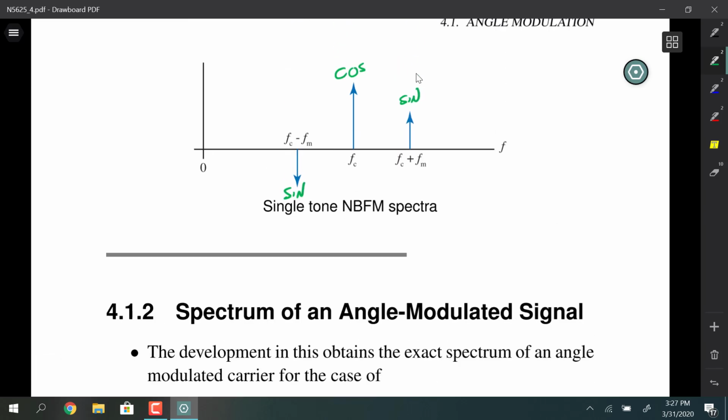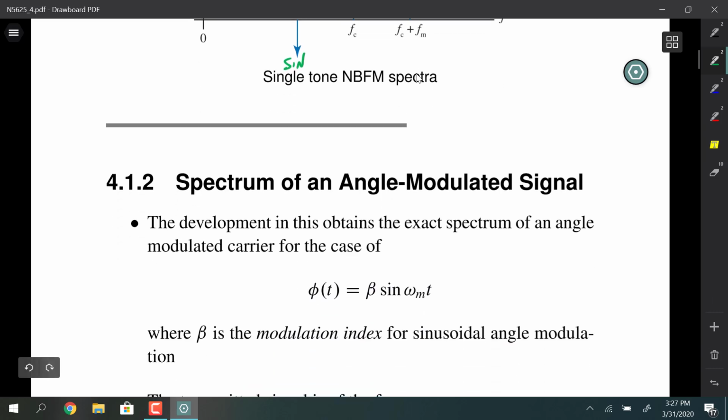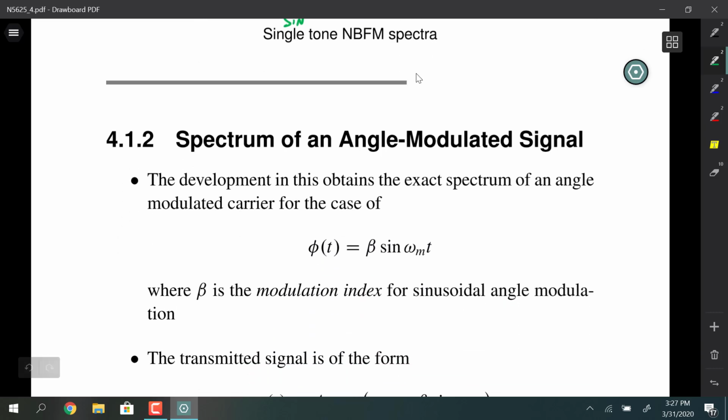So we're going to depart from that, and we're going to then extend on to the more general case of the spectrum of an angle modulated signal. In this case, we're going to assume sinusoid angle modulation. So that's all we're going to do here. And one of the things about angle modulation, it's said to be a nonlinear modulation.